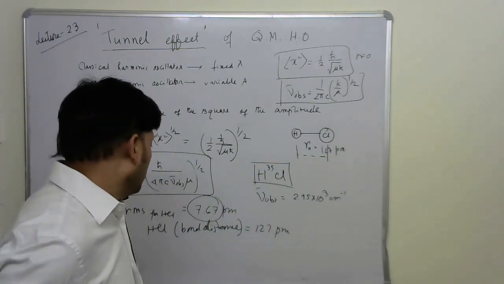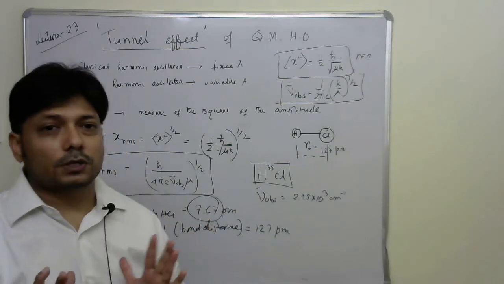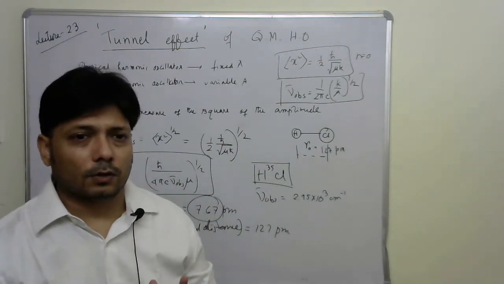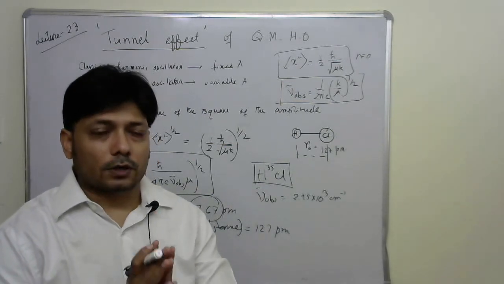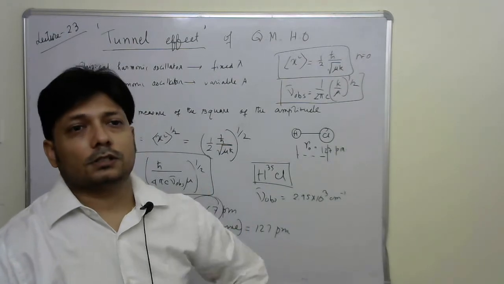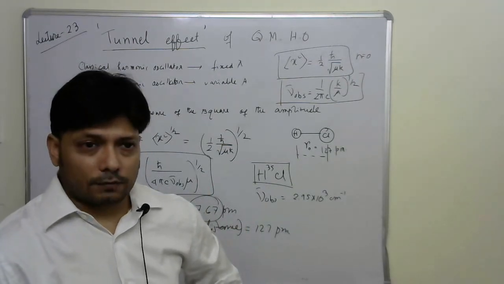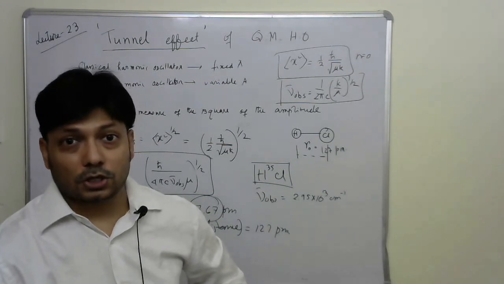Then we can easily find out the root mean square displacement on top of its equilibrium bond distance. That's the major significance of the tunnel effect of the quantum mechanical harmonic oscillator.